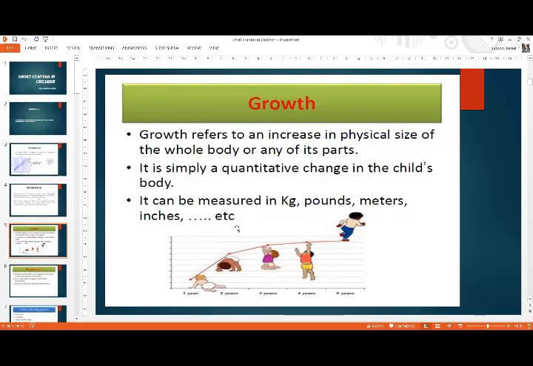Basically, it is a quantitative change in the child's body, starting from birth through pre-adolescence and adolescence, the various stages in which we measure the increase in physical size. It is measured in units like kgs or pounds.